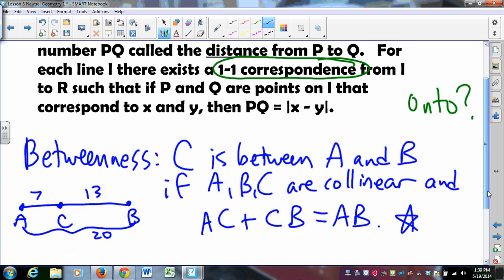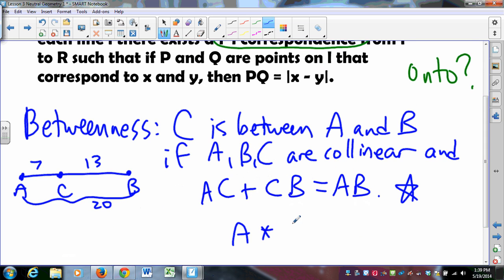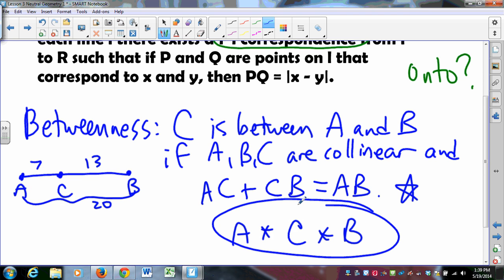By the way, this particular textbook uses this notation for C being between A and B. And this notation gives us a way to talk about segments and rays. A segment AB is A and B and all the points between A and B. We can talk about rays.